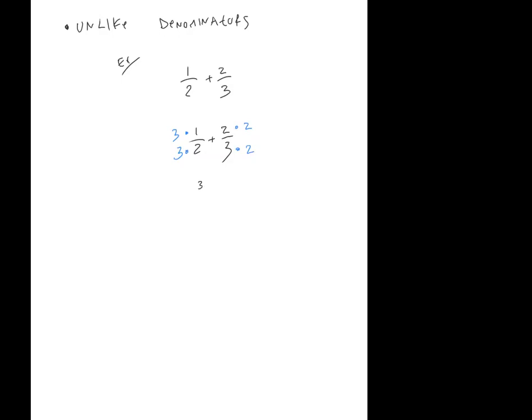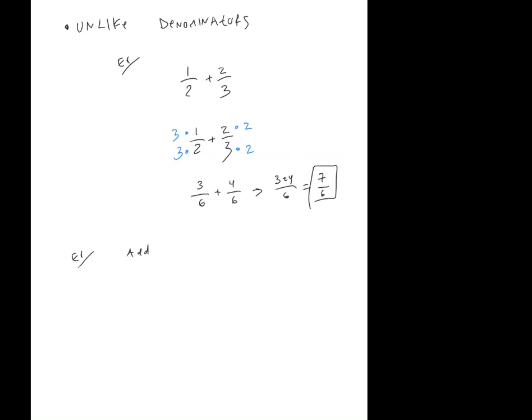Leaving us with 3 over 6, plus 4 over 6. And this is how we get our answer, right? 3 plus 4 over 6, in other words, 7 over 6. So this is the same kind of idea that we're going to be working with. The only difference here is that we're not working with numbers. We're going to be working with polynomials. So let's take a look at our first example.